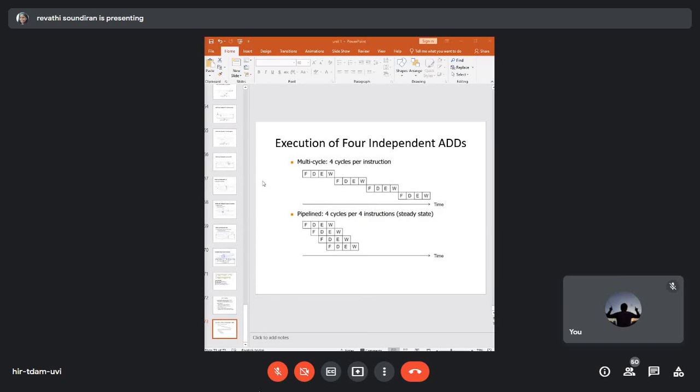So one instruction to execute is going to take, in this case, 4 states. After these 4 states or 4 cycles are completed, it takes up the operation of the next addition operation. This is the operation that is being performed across your time scale.